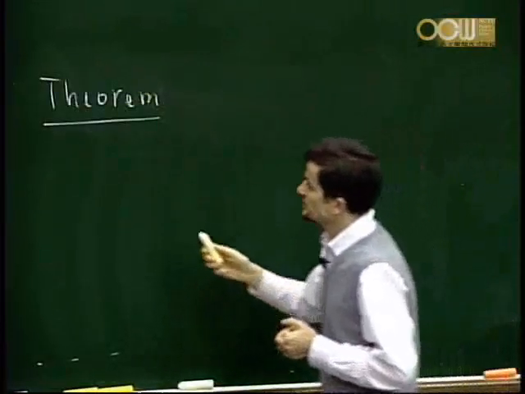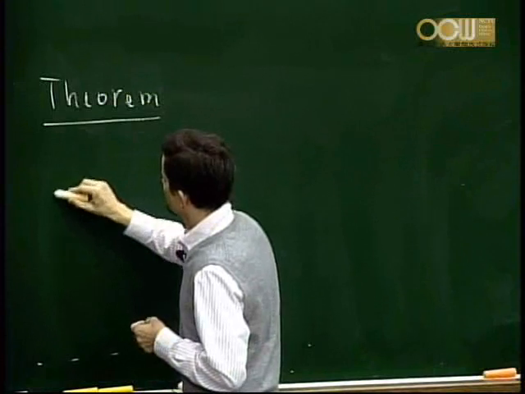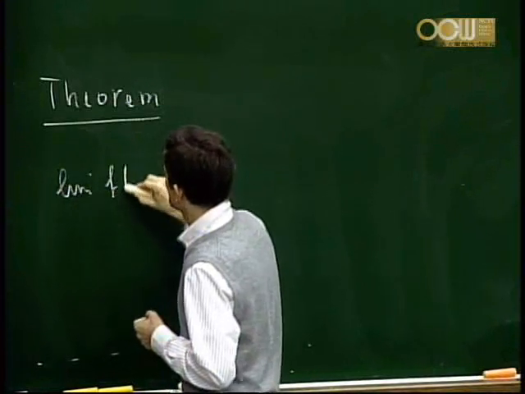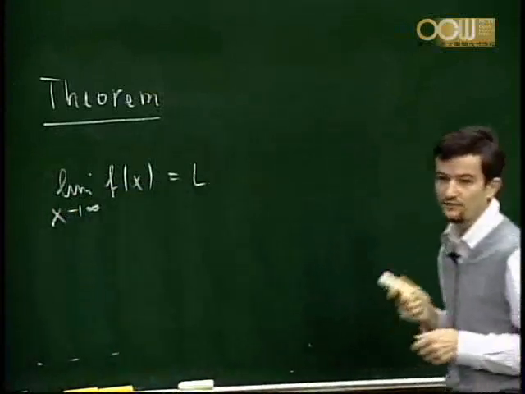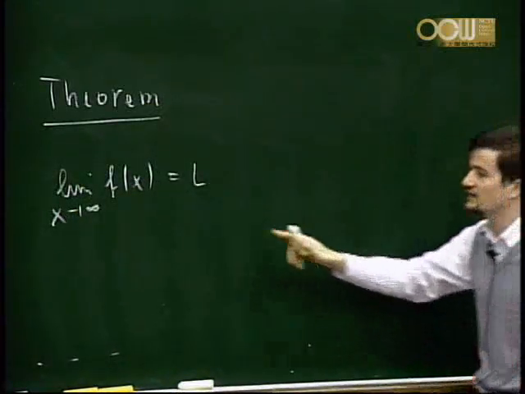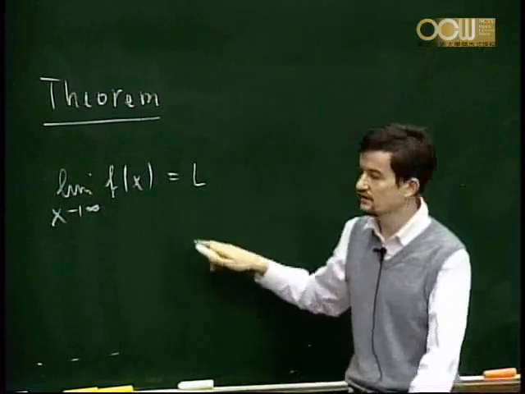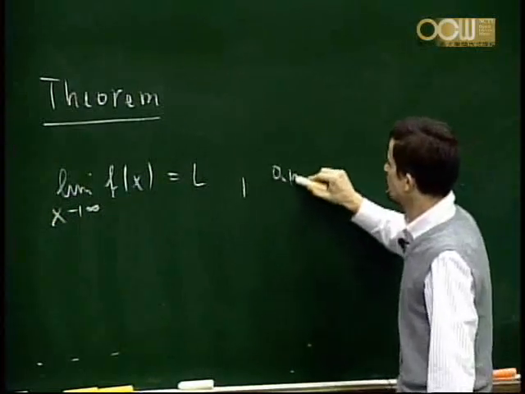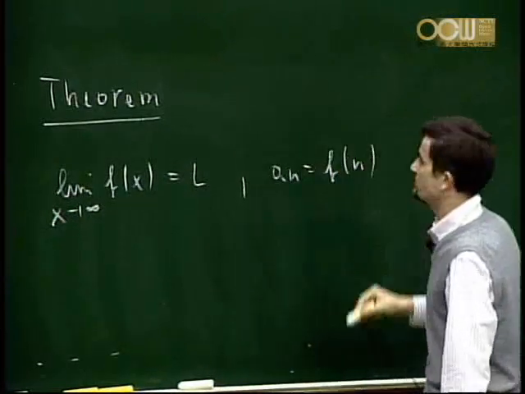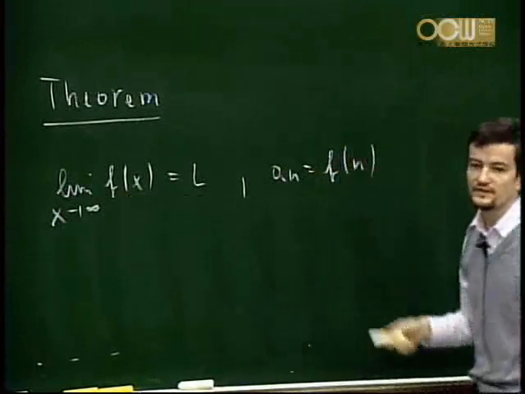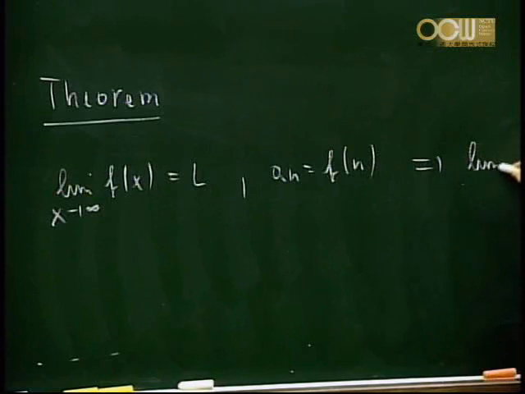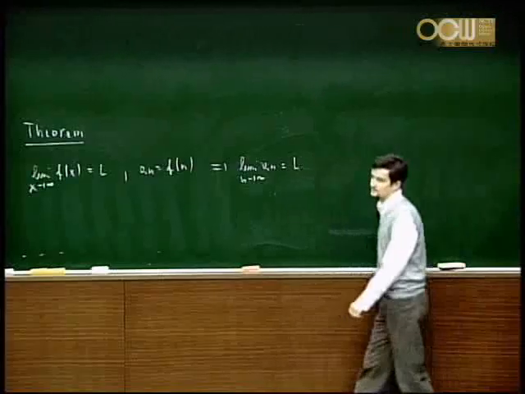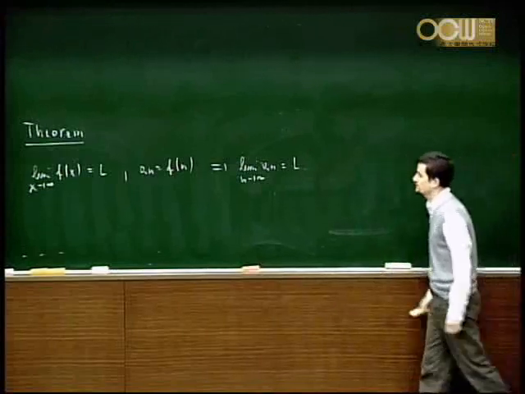If you have a function f of x, assume that this limit exists. So for our function, this is like the definition of the limit last semester. Assume that you define a sequence by evaluating this function at the positive integers, then I guess everyone will believe me that this relation will hold as well.